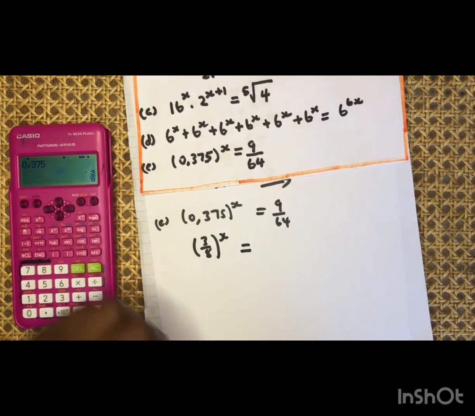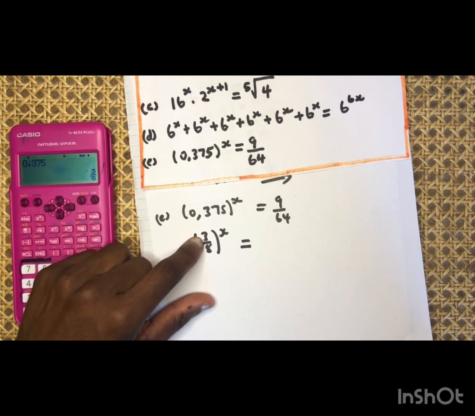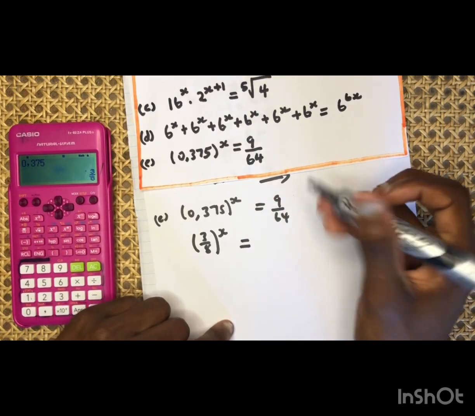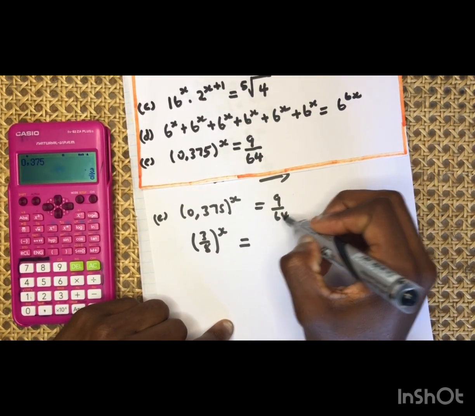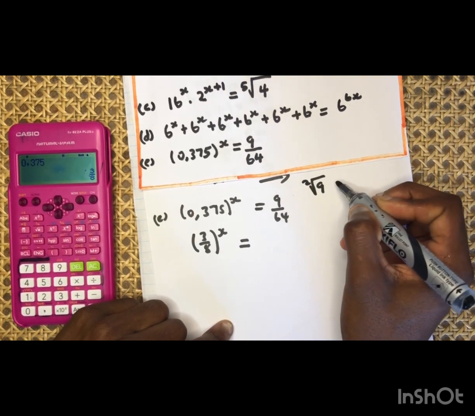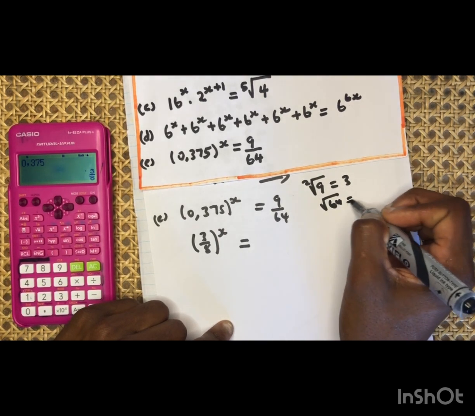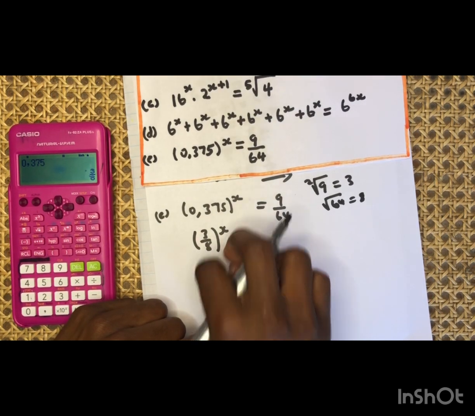Now I have this one. 3 is already a prime number, but 8 is not a prime number. So I have to think here. 9, guys, is a perfect square, and 64 is a perfect square. If I go to the square root of 9, it gives me 3. If I go to the square root of 64, it gives me 8. These are the numbers that I see here.